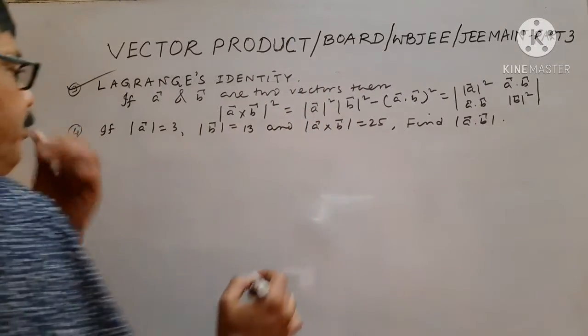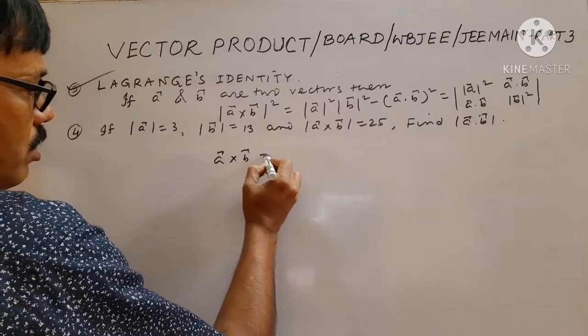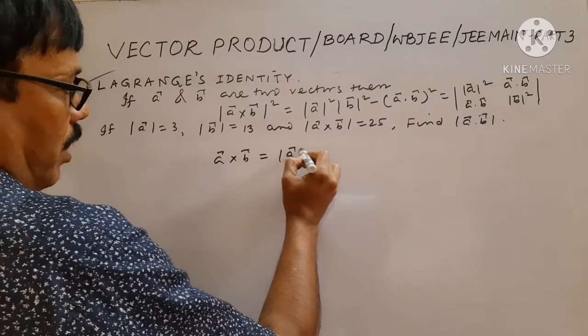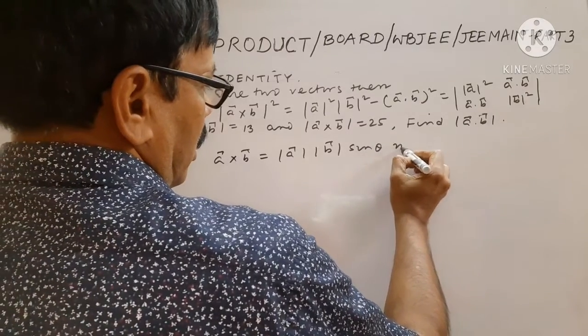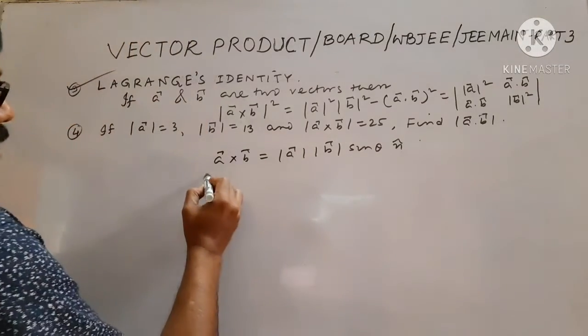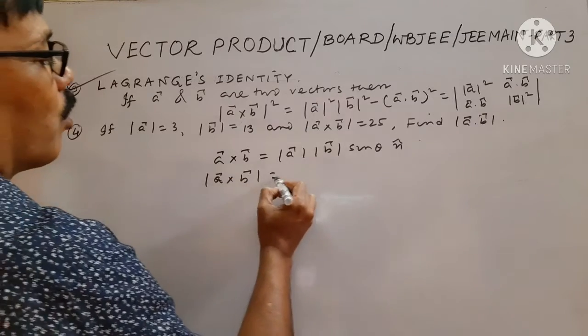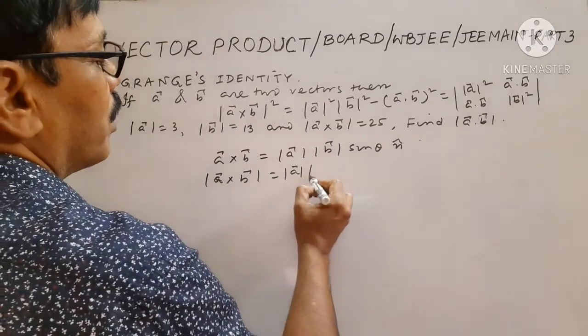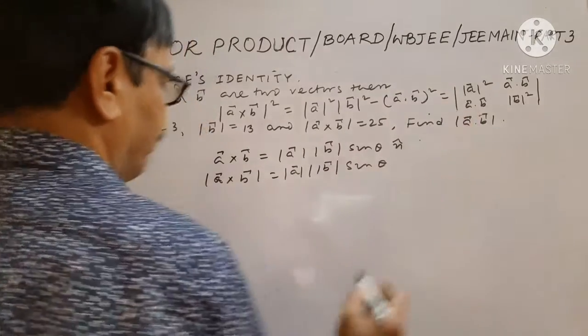It's a simple problem. Look, from the definition, mod A cross B is magnitude of A, magnitude of B, sine theta n cap. Now to avoid n cap, A cross B is magnitude of A, magnitude of B, sine theta.